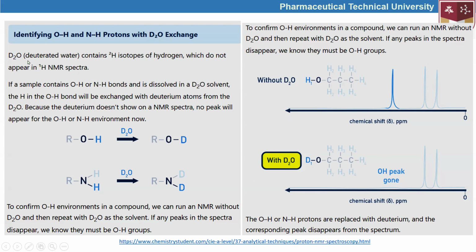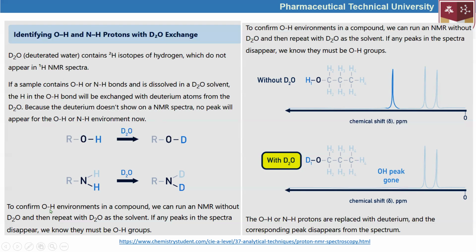So what do we have to do? D2O, deuterated water, contains H2 isotopes of hydrogen which do not appear in HNMR spectra. If a sample contains OH or NH and is dissolved in a deuterated solvent, the hydrogen in the OH bond will be exchanged with deuterium atoms from the D2O, because deuterium does not show on an NMR spectrum. No peak will appear for the OH or NH environment.